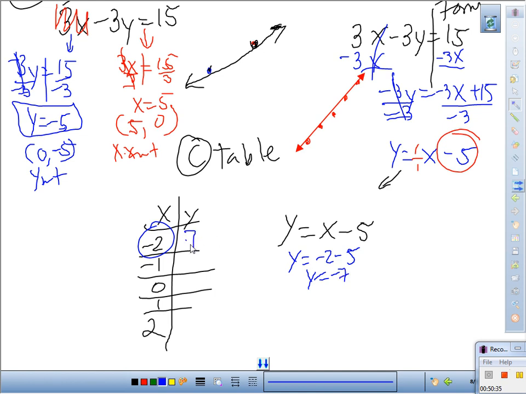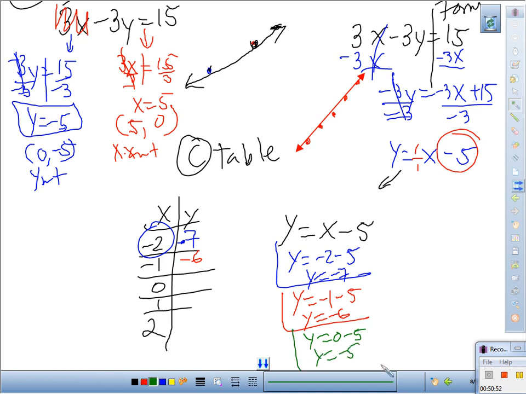That goes right there. Next value, y equals -1 minus 5, so y equals -6. That goes right there. Next value, y equals 0 minus 5, so y equals -5. That goes right there. Do we need to show the other work? No. So this is -4 and -3. Yes.